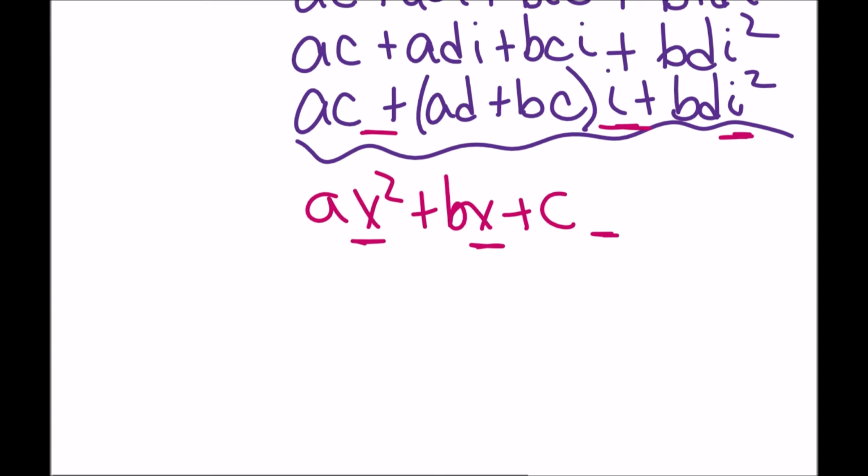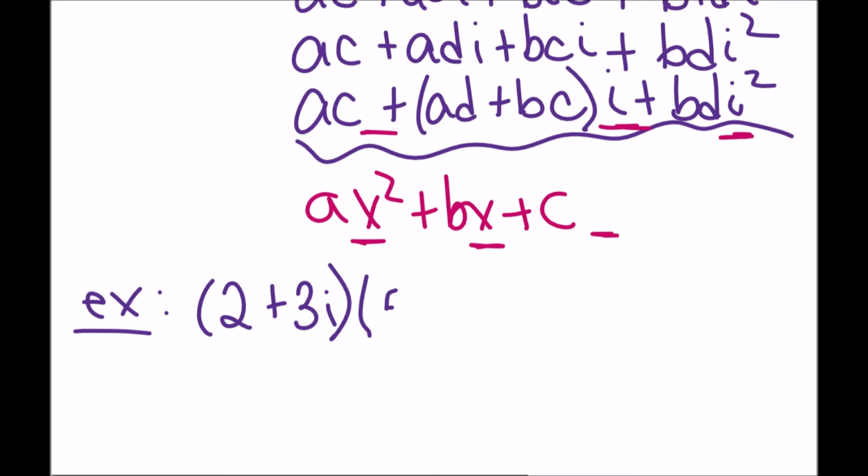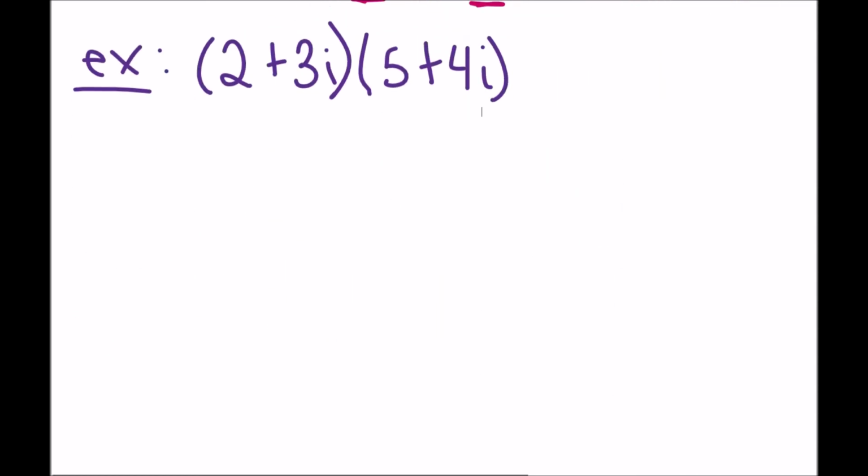Okay, so let's do an example. Say we are given the two complex numbers 2 plus 3i and 5 plus 4i, and we need to multiply them out. Okay, so let's remember FOIL, and let's go for it.